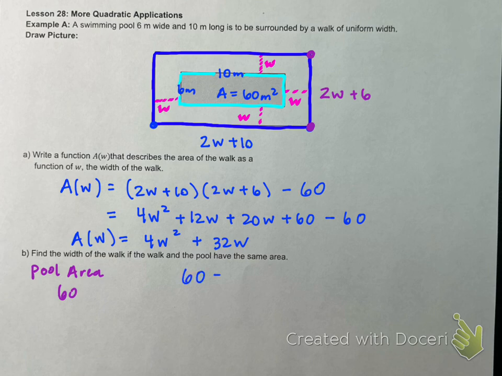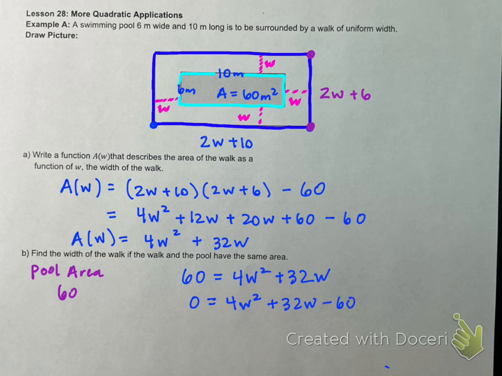So we have 60 equals 4W squared plus 32W. Okie dokie. So now from here, I'm going to set this equal to 0. Okay, so 0 is equal to, because I want to see if I can complete this, factor or anything like that, 4W squared plus 32W minus 60.